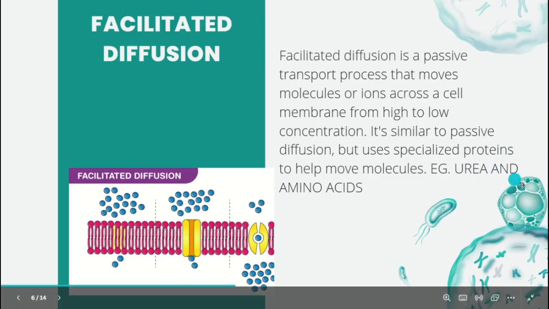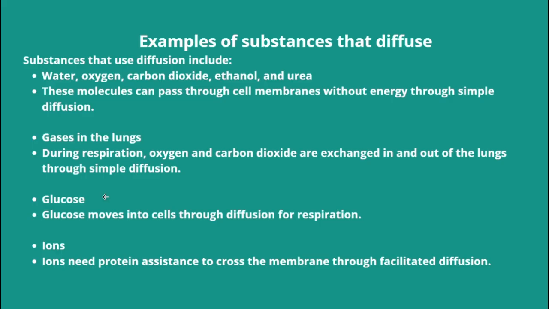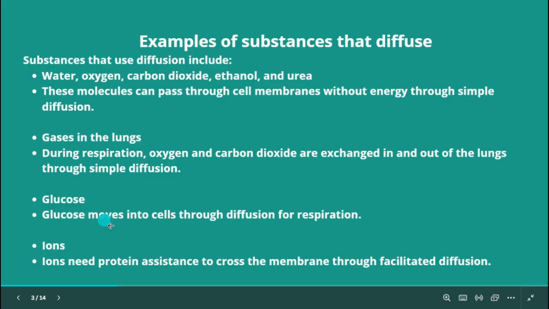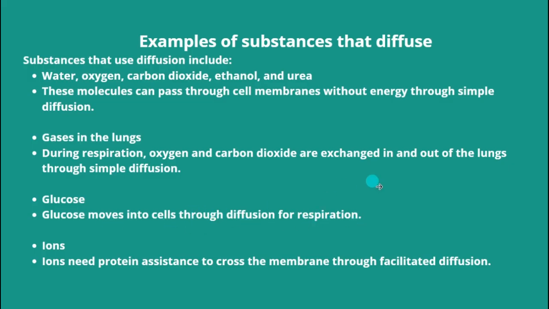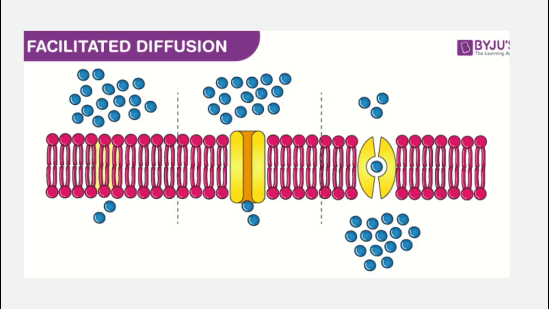Examples of that would be urea and amino acids. Back here we say that glucose moves into cells through diffusion for respiration. Glucose is a molecule that can either use facilitated diffusion, or it can also go through active transport to get across the membrane.